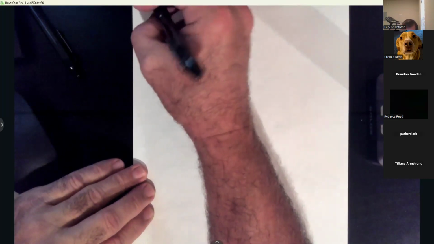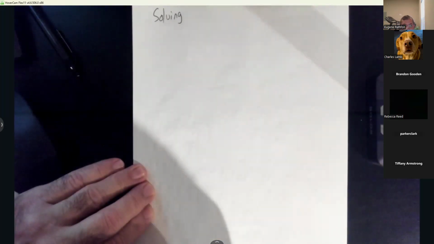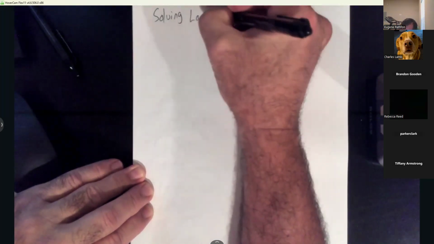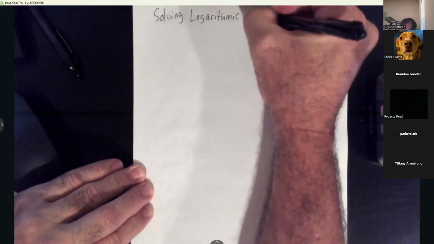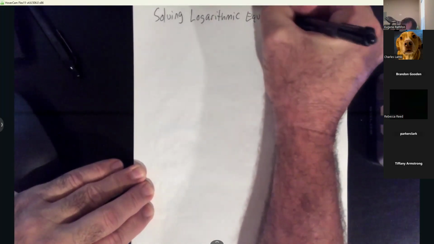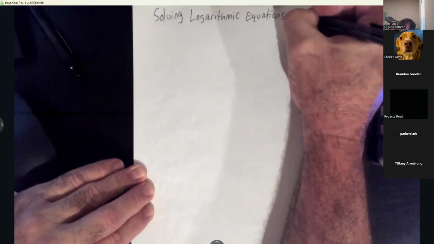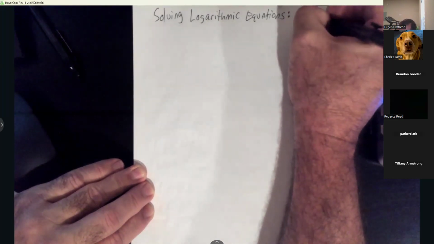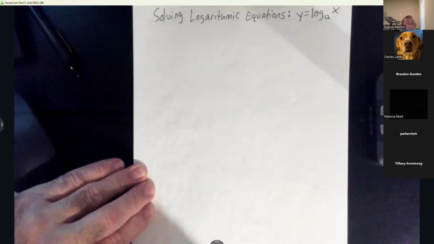So for these ones, we're going to be solving logarithmic equations. So the logarithmic equations look like this. Y equals log base A of a x.